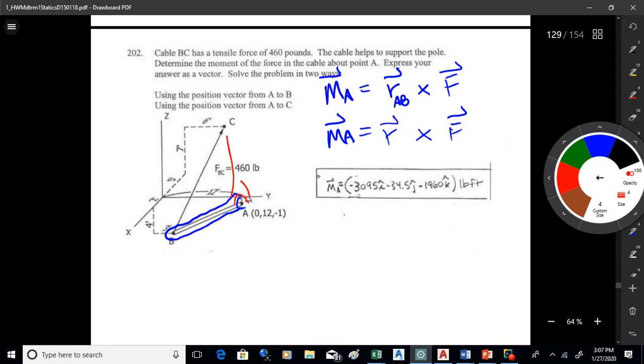The numbers you input will be different depending on which position vector you use, but the final answer will come out the same regardless of which one you use. So I was wanting you to do that one a couple of times with each of those 2 moment arms. So are we okay with that? Any questions? So we're good?